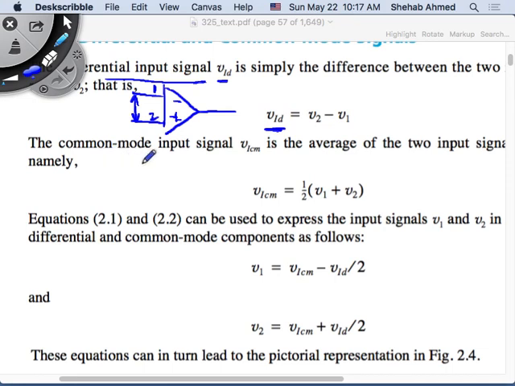If we have a common mode signal, right? Common mode signal means a signal connected to both terminals, that is affecting both terminals the same way. So what is the value of that? If I have 1 volt common mode voltage here and 1 volt common mode voltage here, you know that this common mode voltage is 1 volt, right? So what is this common mode voltage equal to?